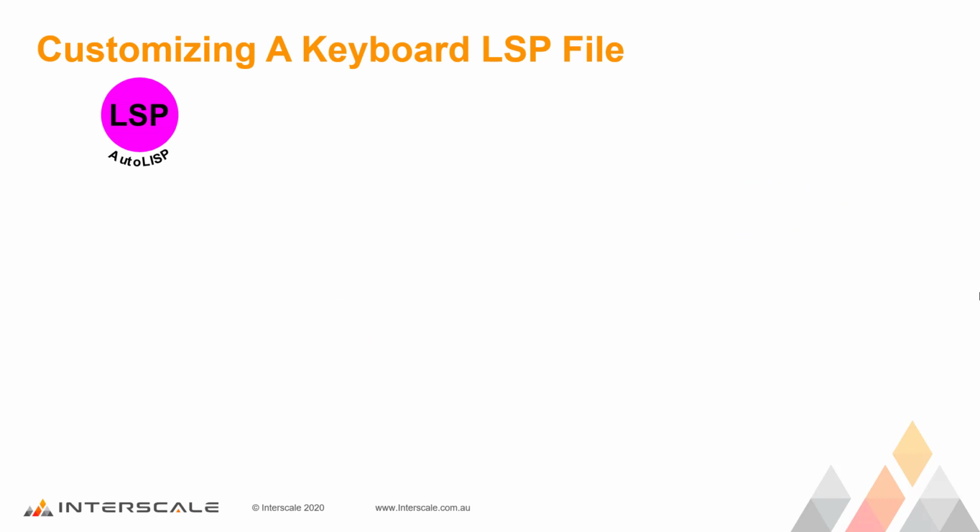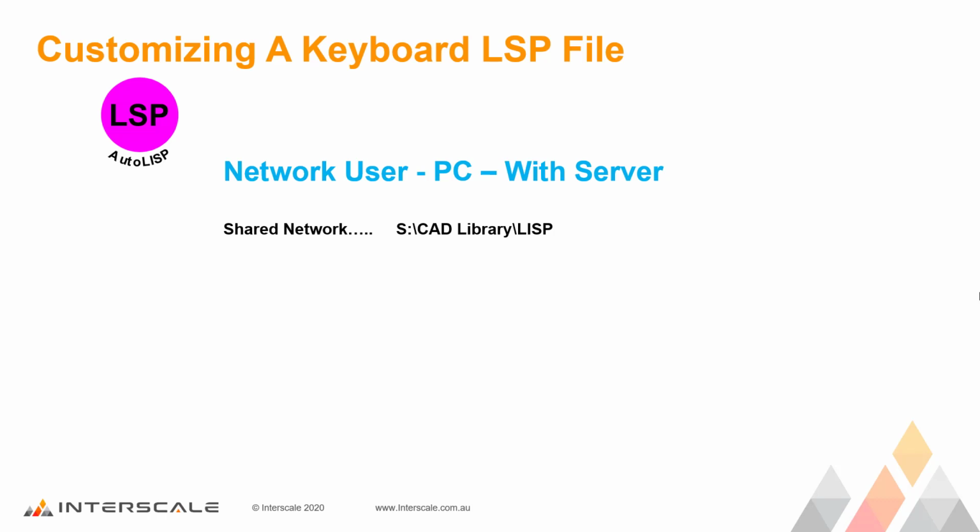The second setup for creating a keyboard Lisp file is if you are a network user working on your PC with a server and you have to use the same company customized Lisp file. Here we can create a new folder on the server. In this example, your S drive with a subfolder, again called CAD Library, and another subfolder under that called Lisp. We can create the file into here.